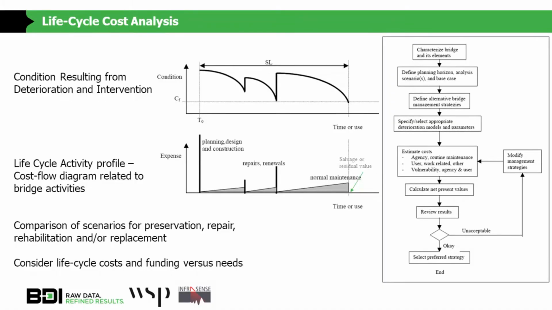Then we just apply traditional life cycle cost analysis to the outputs to look at different options for addressing either the near-term or long-term needs, depending on the client's goals in terms of preservation of the structure.